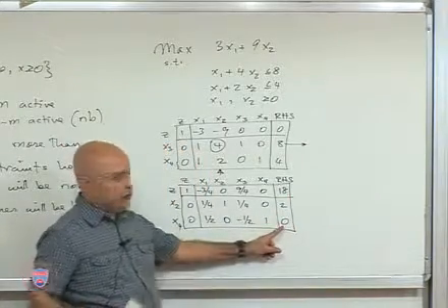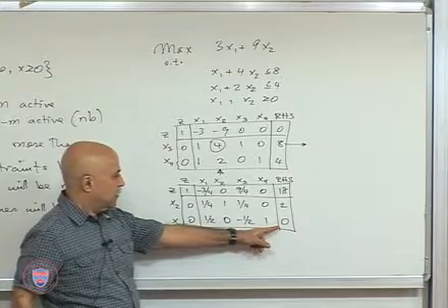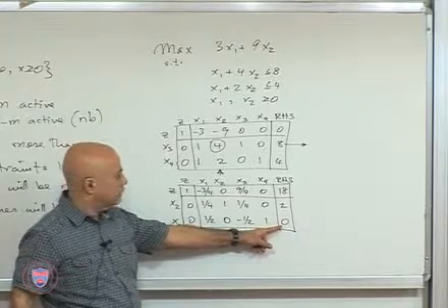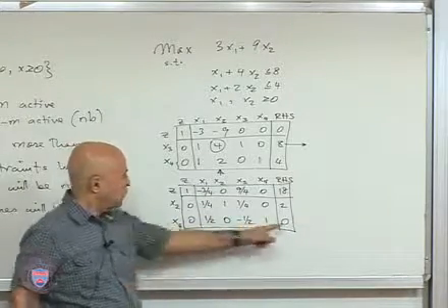See, that 0 tells you that you have a basic feasible solution which is degenerate. X4 is 0.